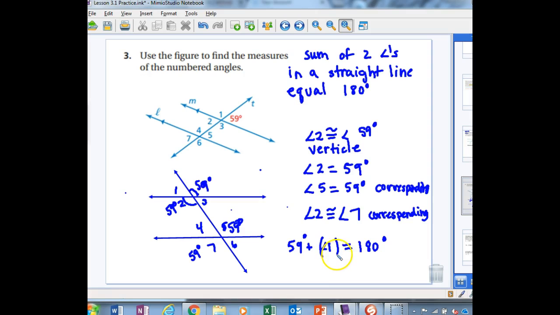I can't hear you. This is angle 1. What's my goal? To find angle 1. How do I do that? How do I get angle 1 all by itself over here?